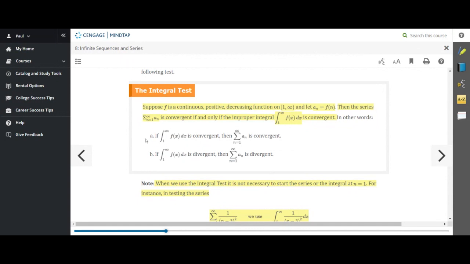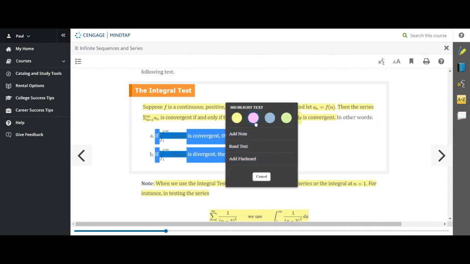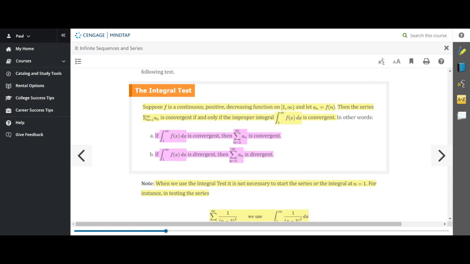Hold on, everybody. This time it won't let me blow that up. But basically, if the improper integral converges, then the series converges. If the improper integral diverges, then the series diverges.